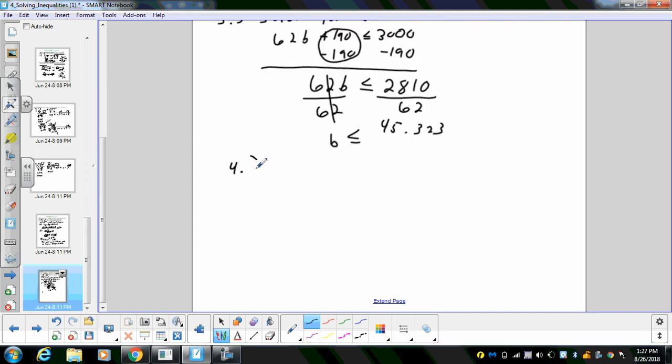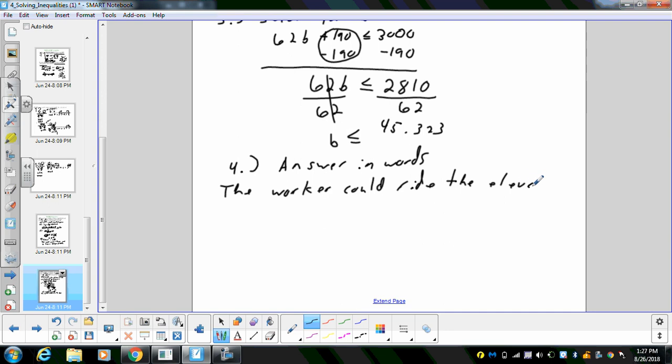So 4, answer in words. Alright, the worker could ride the elevator safely by taking no more than how many boxes?